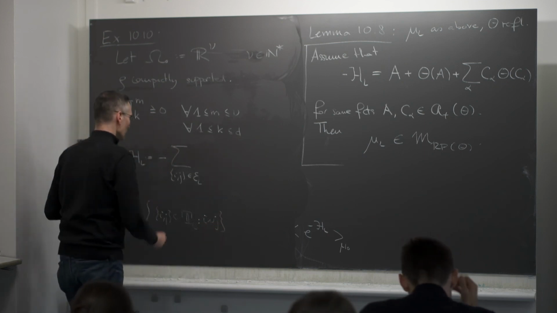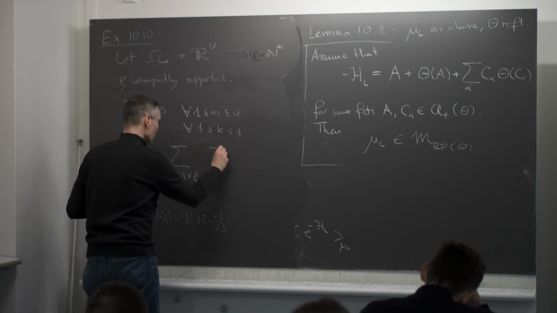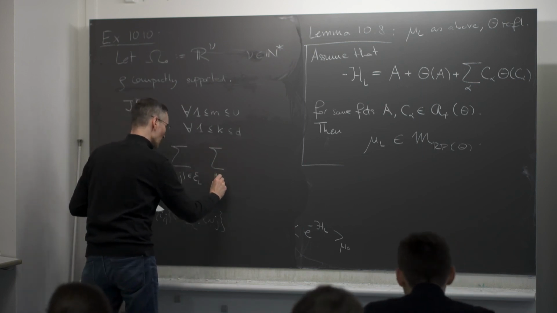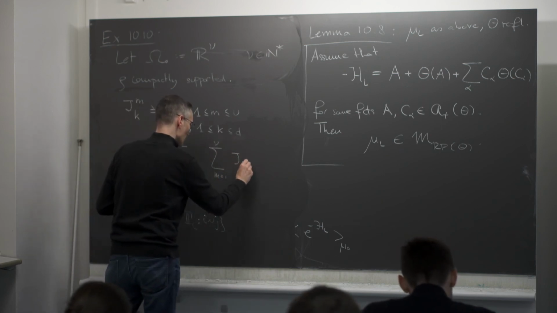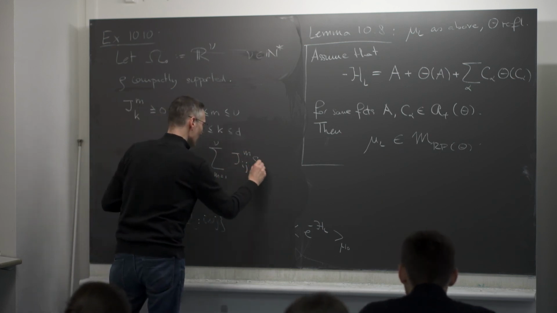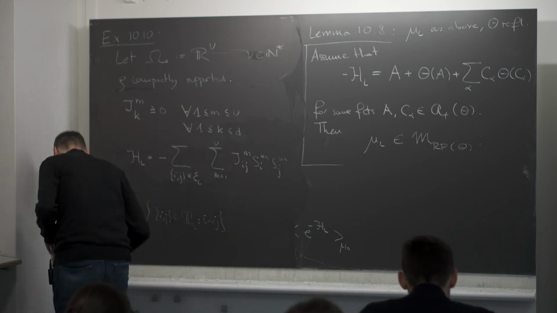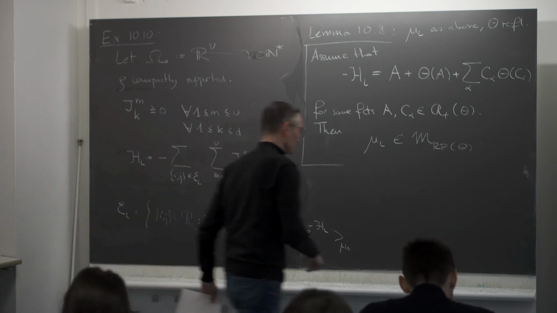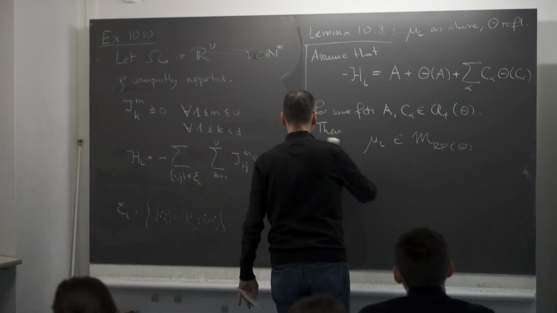So sum over all edges in the torus, sum over all m from 1 to ν, g_{ij,m} s_{i,m} s_{j,m}. I'm almost done. I just have to say what I mean by these different notations.